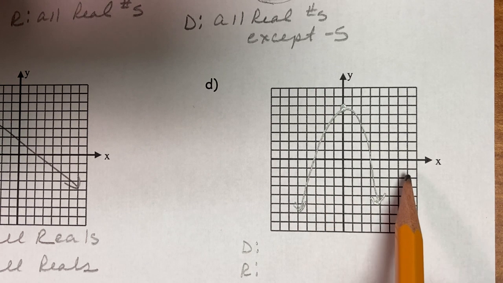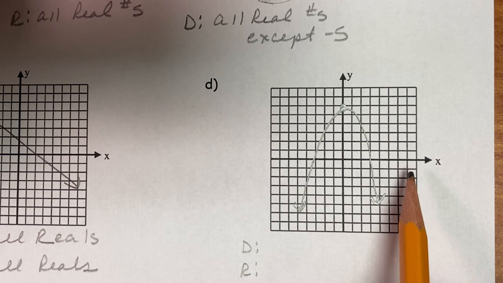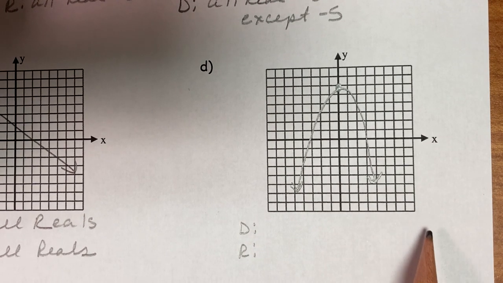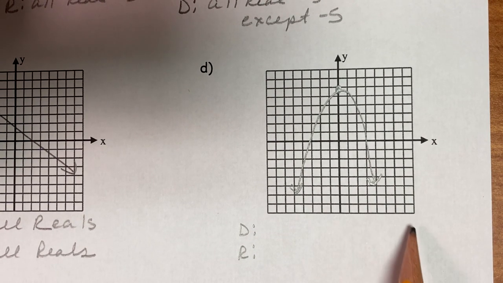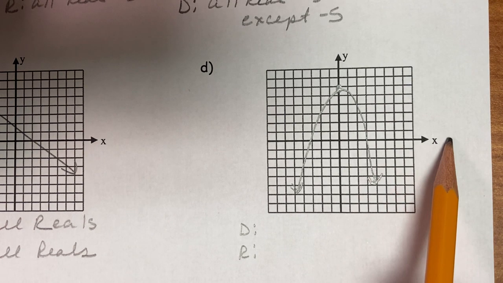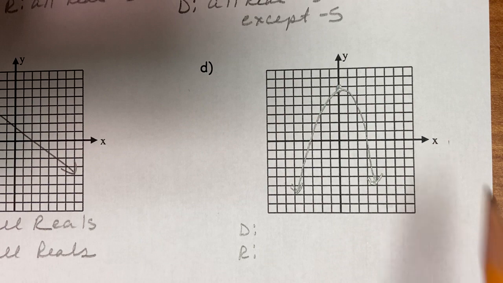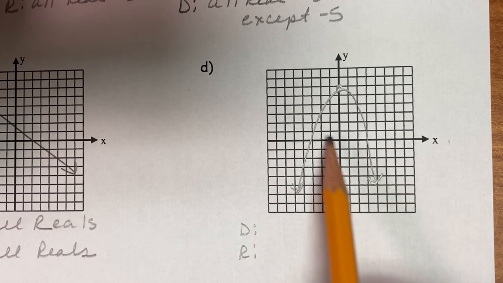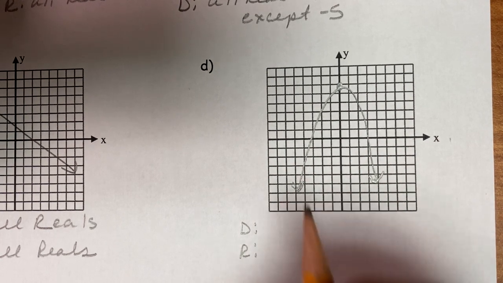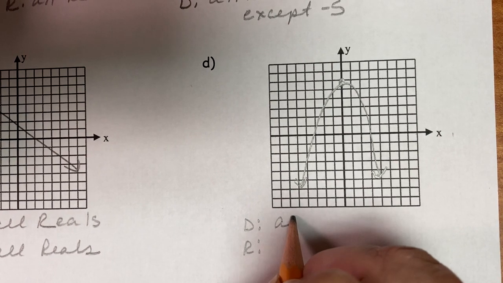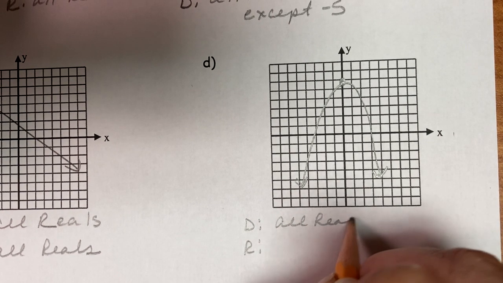All of the x's on the graph are being used, because remember, this goes on and on forever. It keeps going. So this x out here is going to be used. Now the point may be way down here, but that x is going to be used, as is that x, that x. Our domain is going to be all real numbers.